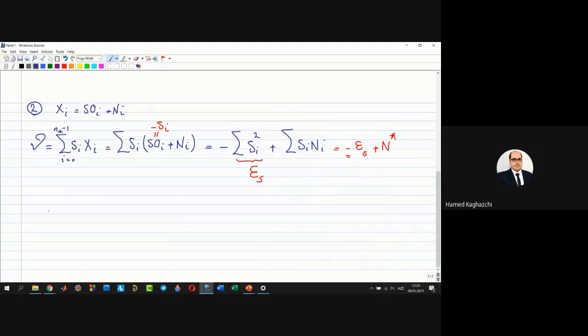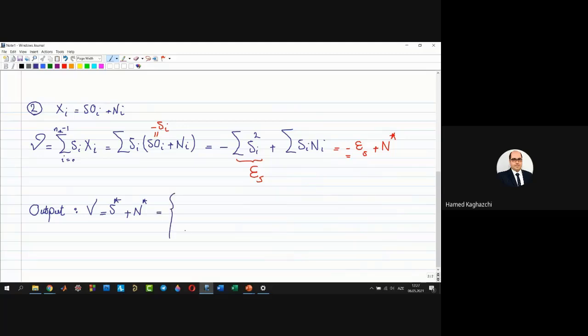So briefly, we can say that the output of the matched processor will be equal to S star plus N star.